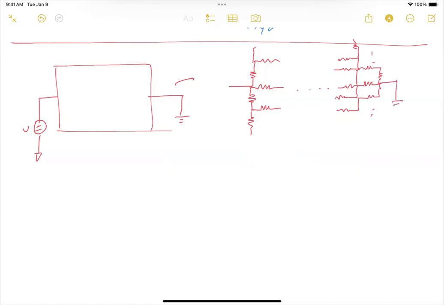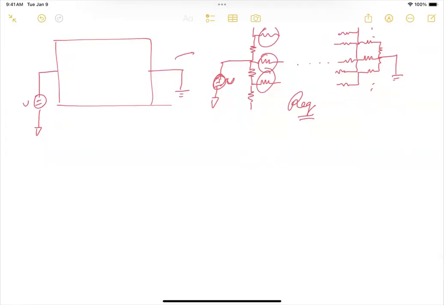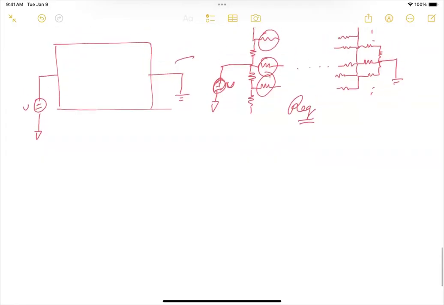So this is connected to ground and this is connected to V. You consider these resistances as some infinitesimal resistance, connected in series and parallel in this mesh, and you can find the equivalent resistance by using circuit theory. This is another way you can compute the equivalent resistance offered by this voltage plane.